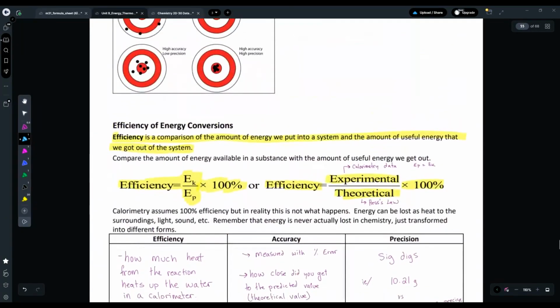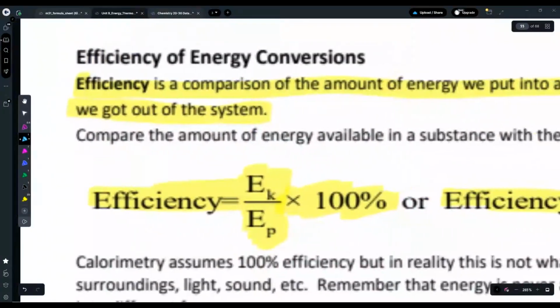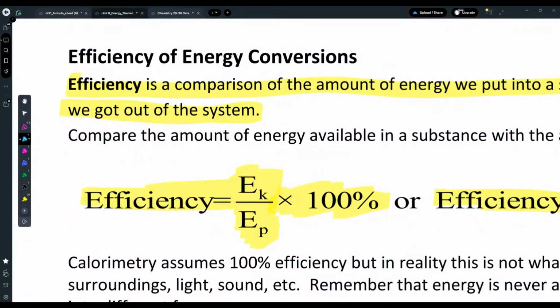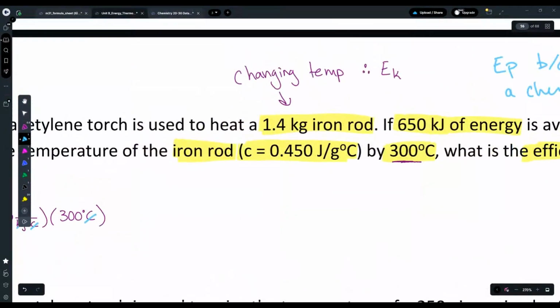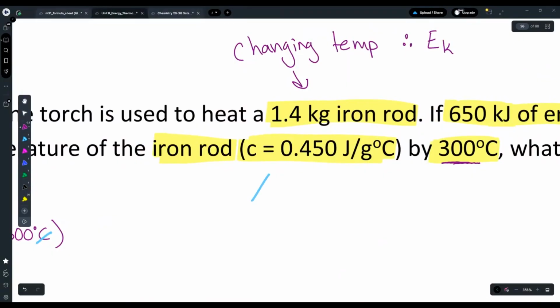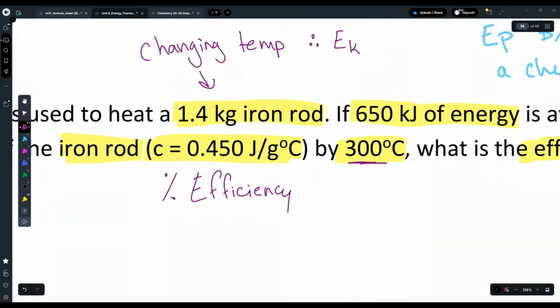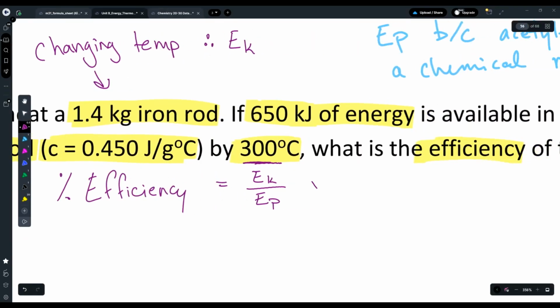Alright, so going back to our efficiency formula, we already figured out kinetic energy. We have been given potential energy, so all we need to do is write out our formula and then calculate this. So percent efficiency is equal to kinetic energy divided by potential energy times 100%.